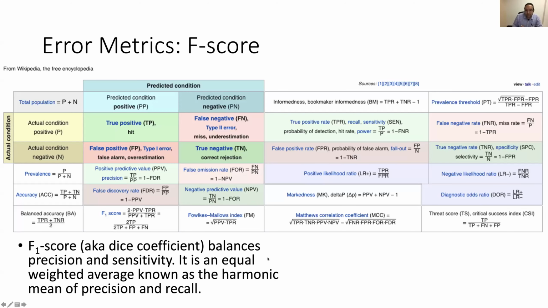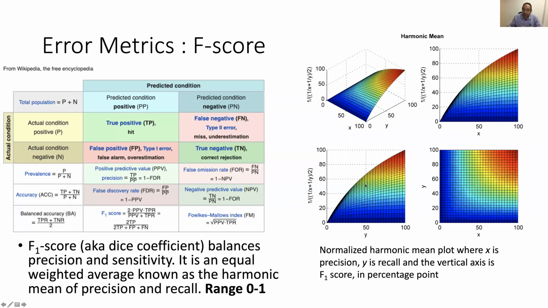Why is it so good? Here I have a three-dimensional plot. On the x-axis I have precision, and on the y-axis I have recall, sensitivity, sorry. Because it's harmonic, this curve looks like the surface of a ball.